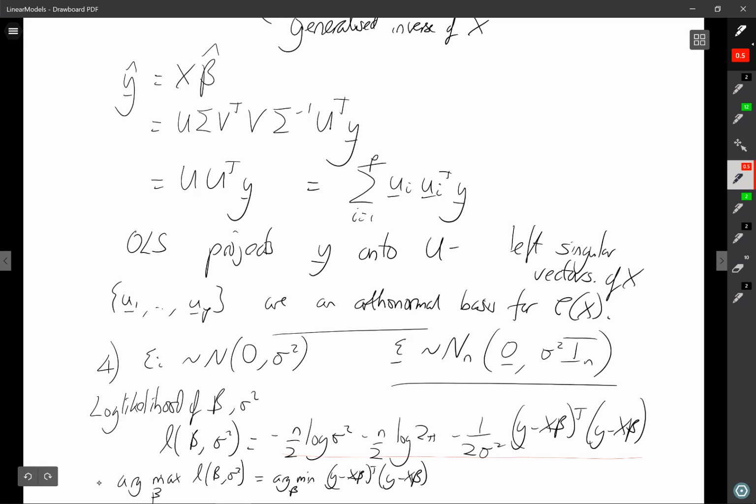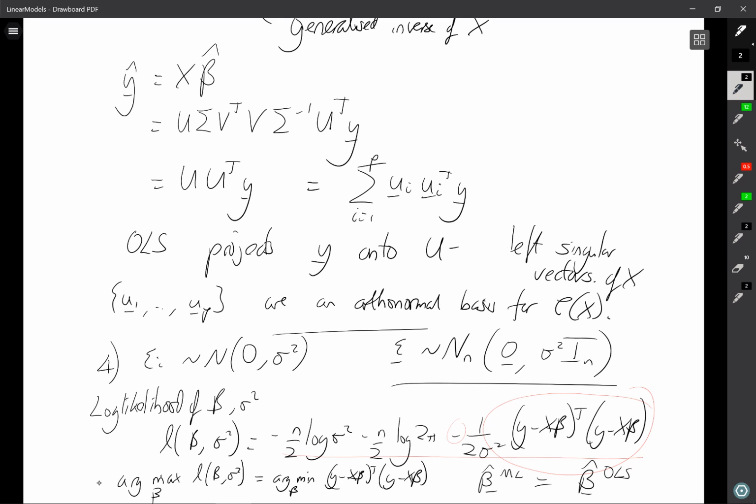Maximizing this term with respect to beta is just equivalent to minimizing this term, and there's no beta in the other terms. I've got a minus sign here, so swapping that to a plus, it's minimizing. So the maximum likelihood estimator of beta is the same as the ordinary least squares estimator. If we have normal errors, they're just the same.